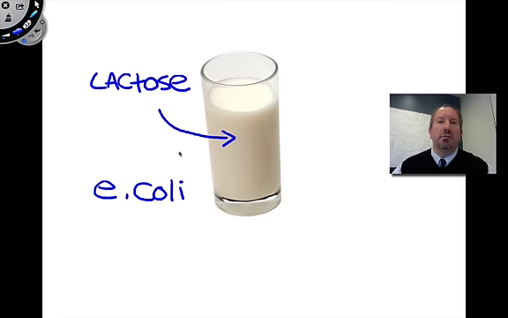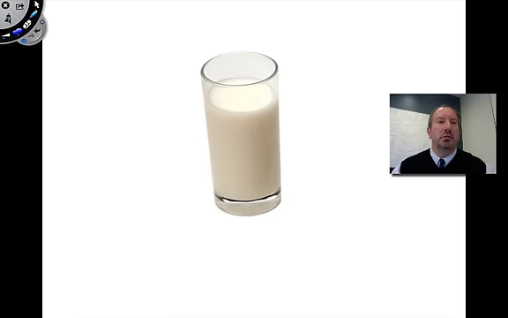And when they're in an off position, when lactose comes your way, then you can turn them on. And so that's exactly what happens in E. coli. Lactose itself induces the production of the very enzyme necessary to digest it. I find that to be quite remarkable.